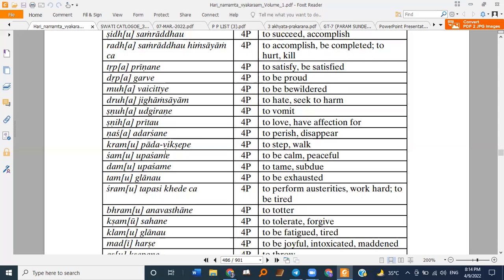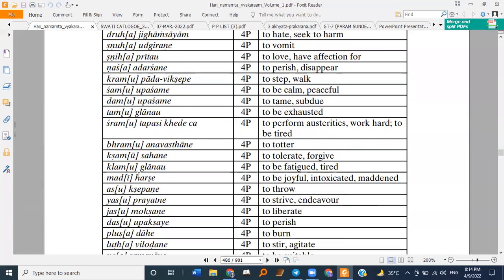Shamu, Upashame, words like Shant, Shaman, Ityadi. Damu, Upashame, Daman, Dant, the word Dant, Dantindriya, one who has controlled his senses, subdued his senses. Tamu, Glanu, I can't say any word for this.